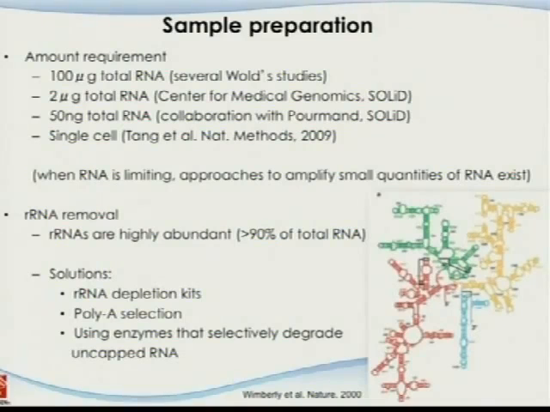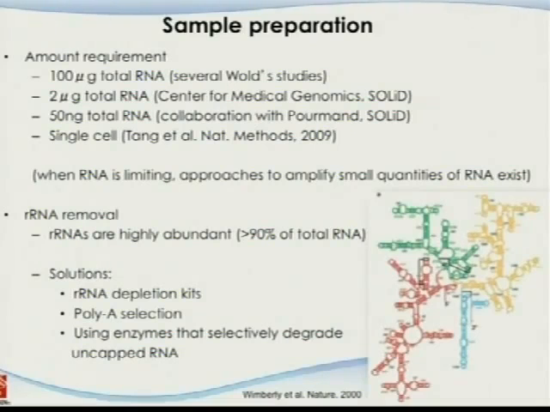So when you do the reverse transcription, you use the poly T, and you can get those messenger RNAs down, but you get rid of ribosome RNA because they are not polyadenylated. I will talk about it in the next slide; there are issues on that as well. Or some people use enzymes that selectively degrade uncapped RNA, which is another way because ribosome RNAs are not capped. But anyway, ribosome removal is a big deal. You have to do it.